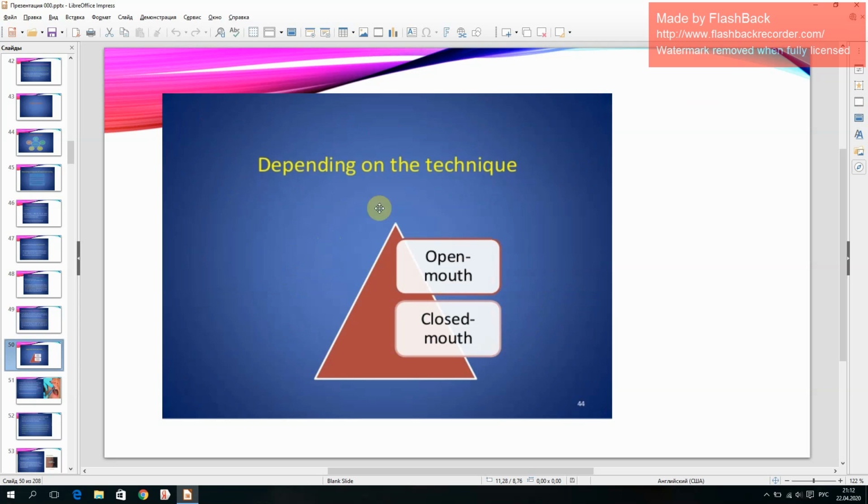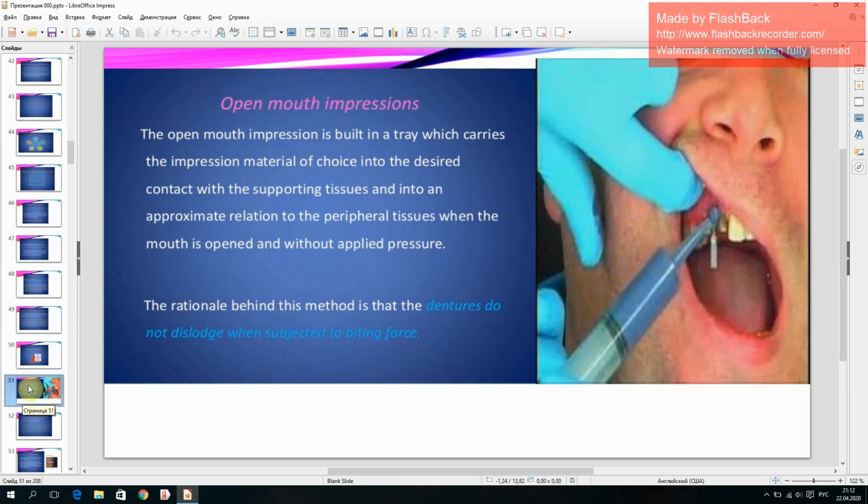Depending on the technique: open mouth, closed mouth. Open mouth impressions. The open mouth impression is built in a tray which carries the impression material of choice into the desired contact with the supporting tissues and into an approximate relation to the peripheral tissues when the mouth is opened and without applied pressure.